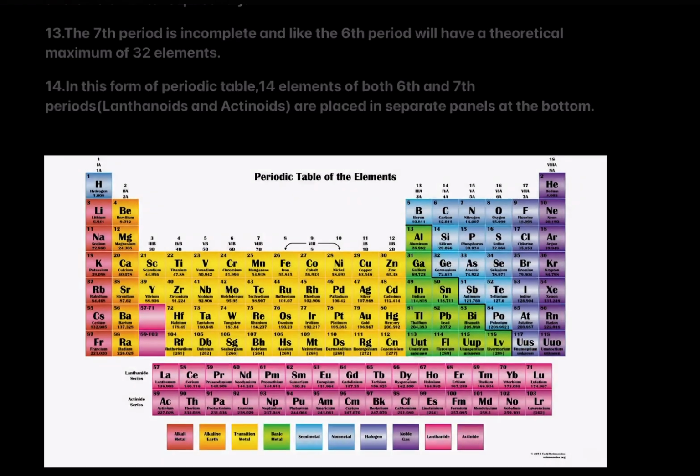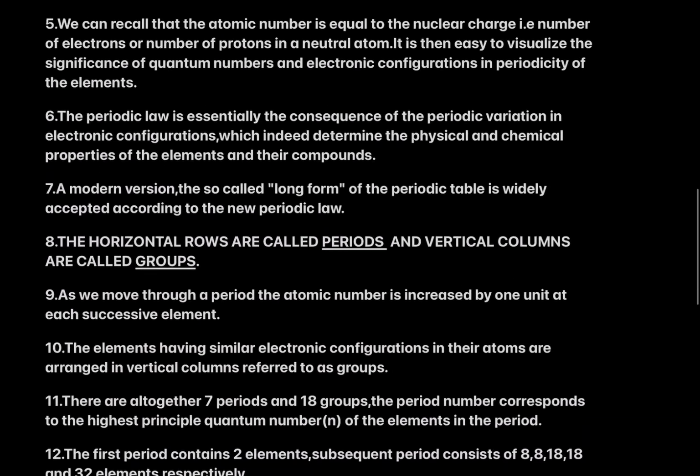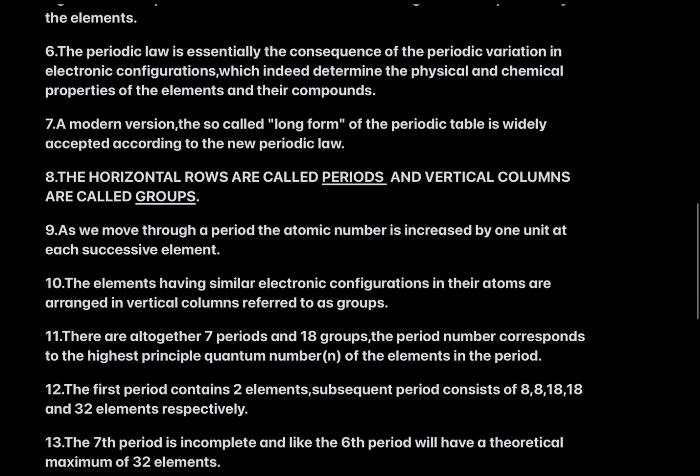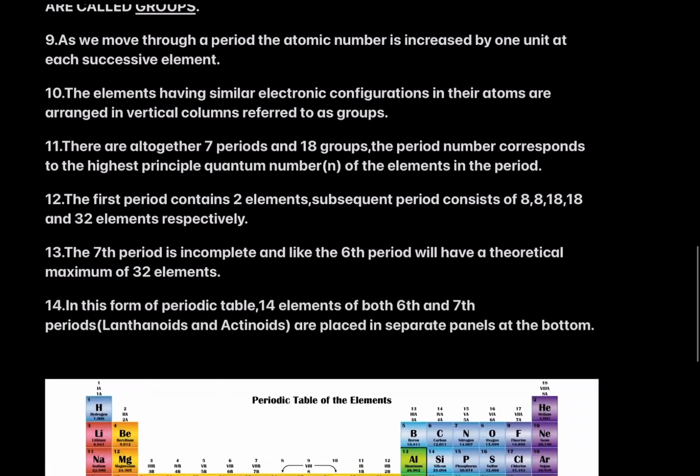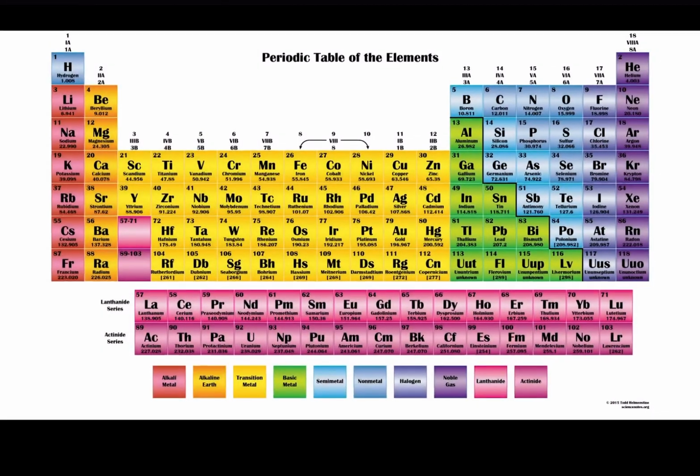Now let's come to the very next point, point number 8. The horizontal rows in the periodic table are called periods and the vertical columns are called groups. So now let's identify the periods and groups in the periodic table.